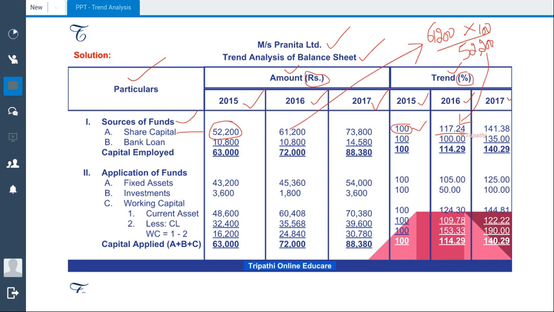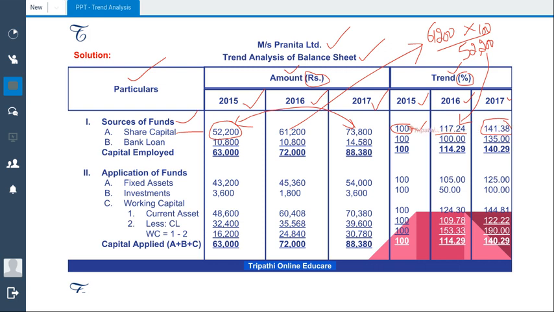Right? Now let us calculate for 2017. Same way, how are you going to calculate? 73,800 into 100 upon 52,200. Once you do this, you will get 141.38%.